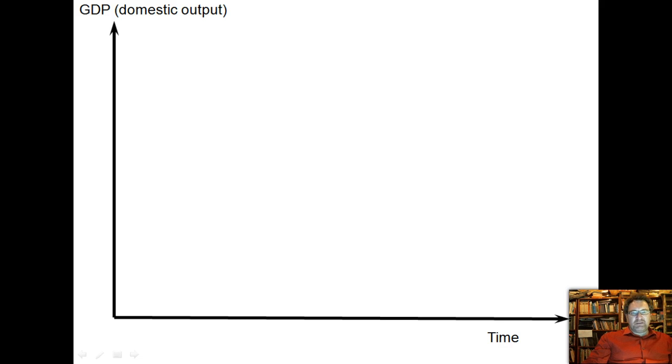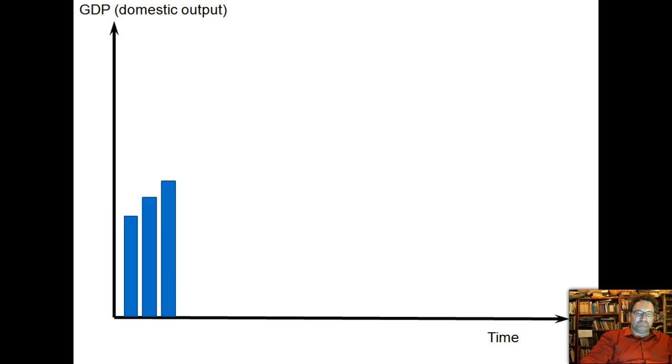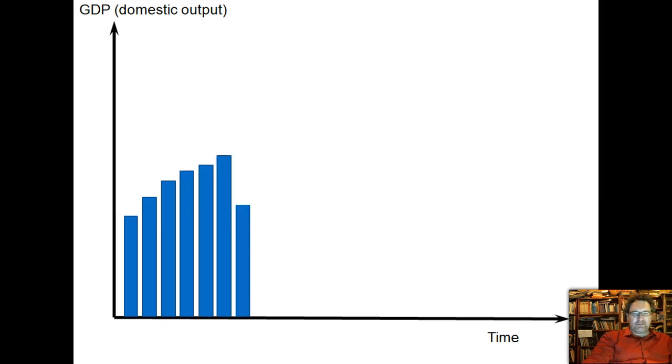Okay. So we could have a stylized representation of output over time to show what's called the business cycle. It used to be called the trade cycle. It's called the business cycle these days. So that would be a situation where you've got increasing output year after year, and then at some point output falls.